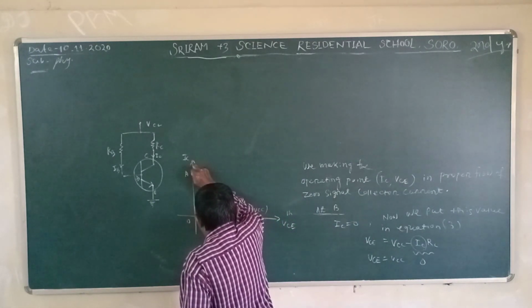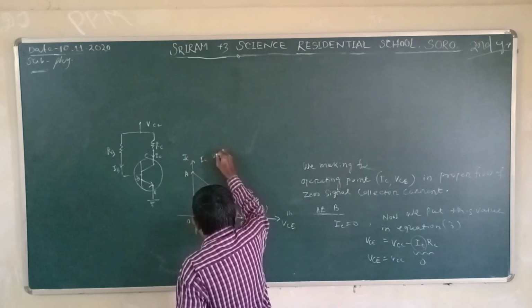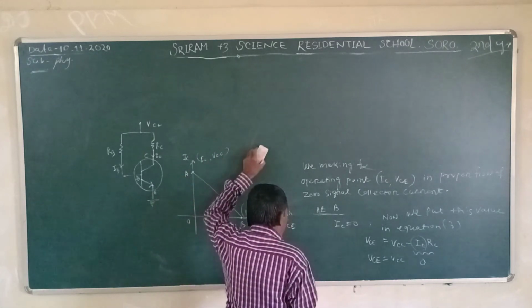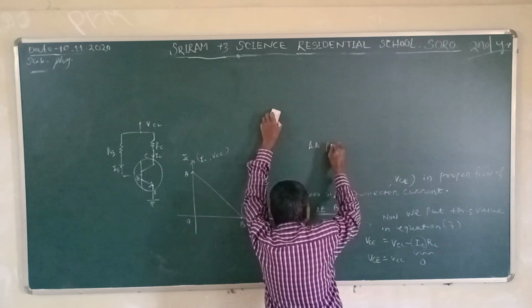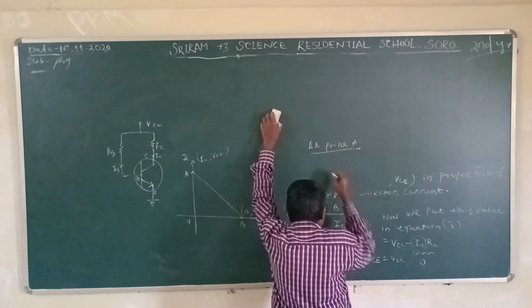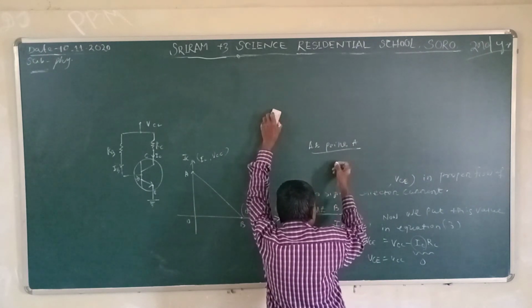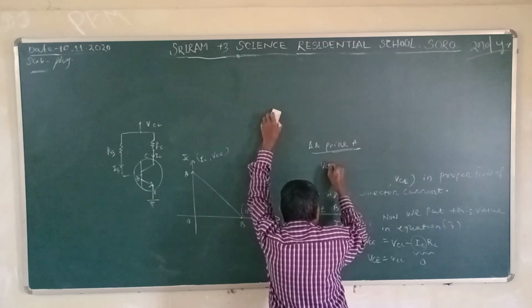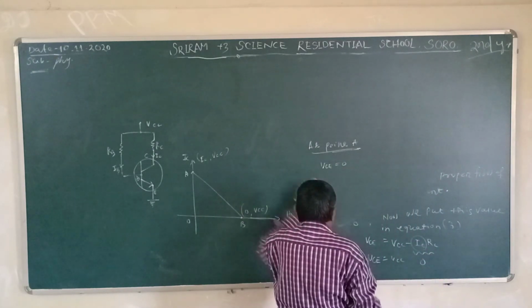Again, for IC and VCE, we calculate this point at point A. Now at point A, VCE equal to 0.